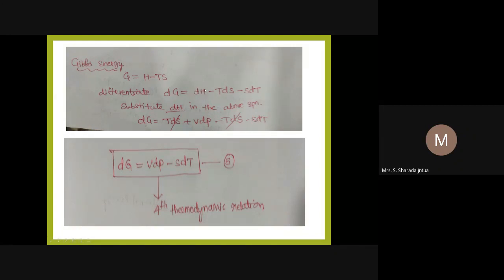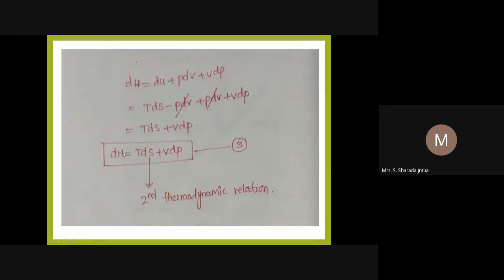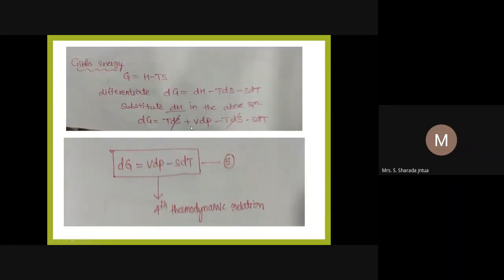We can simplify this expression in a simpler way by using the equation for dH. I am using the dH expression we got previously, dH equal to TdS plus VdP, and placing it here. Two of the terms will get cancelled, and finally we get dG equal to VdP minus SdT. So this is my fourth thermodynamic relation.